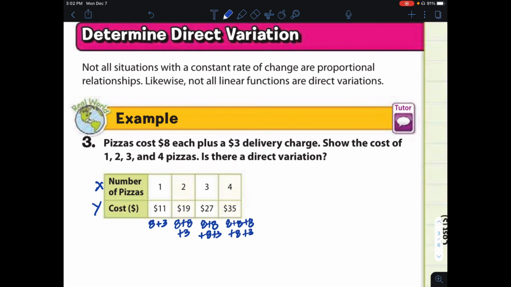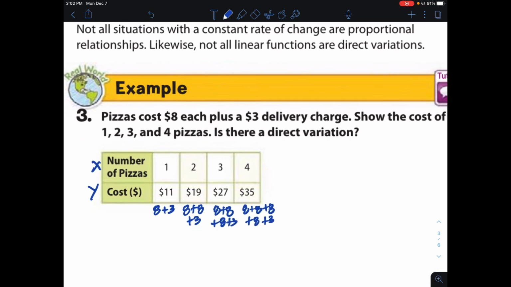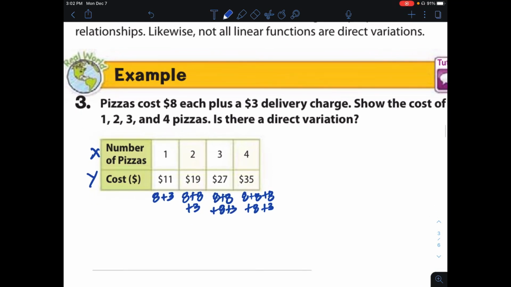So now that we have created our table, we know that the number of pizzas is your independent variable, y is your dependent variable, therefore y varies directly with x. That's what it means.